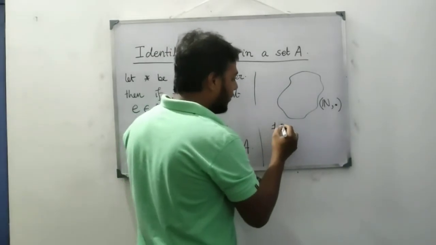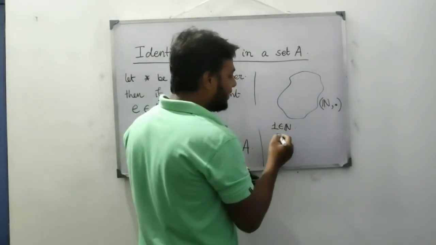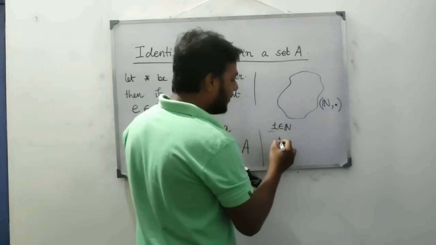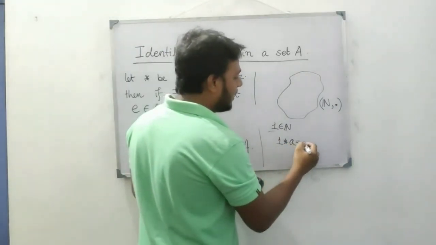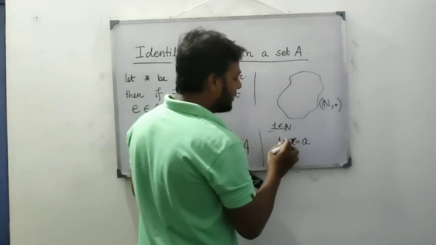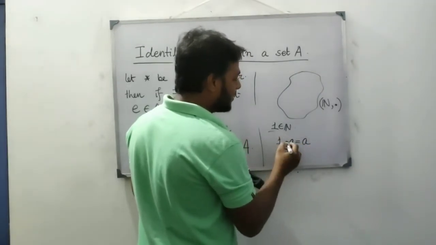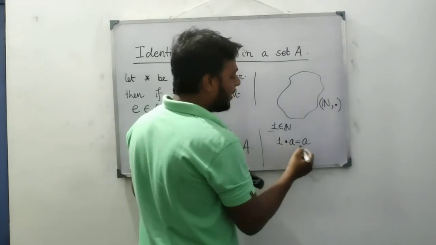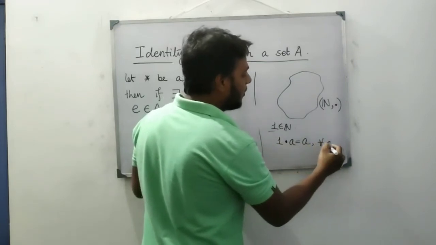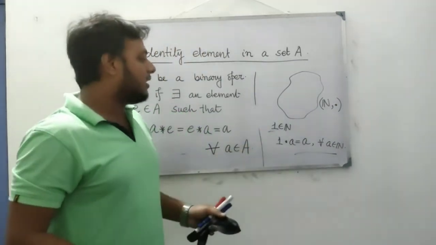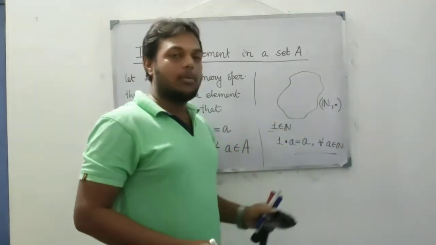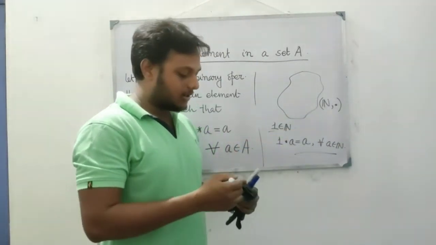See, 1 belongs to N, and the characteristic of 1 is if you multiply any natural number with 1, then you will get back the same element. That means A star E, in the place of star it is multiplication, then you will get back A, and it will happen for every A belongs to N. So 1 is the identity element under this operation. Is it clear?